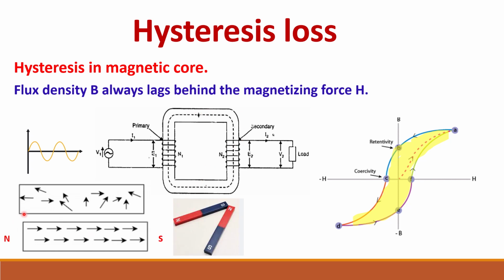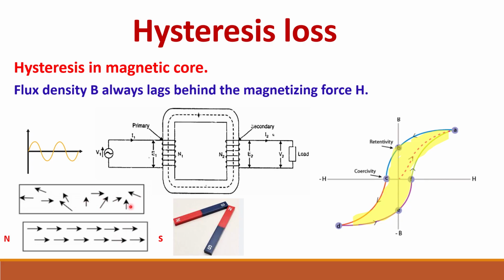Any magnetic material is made up of small magnets which have polarity, north south north south north south. When you change the direction of the magnetic field, this north will become south, and here you will get north. So it keeps on changing its position, and at one point there will be a lag in the alignment.